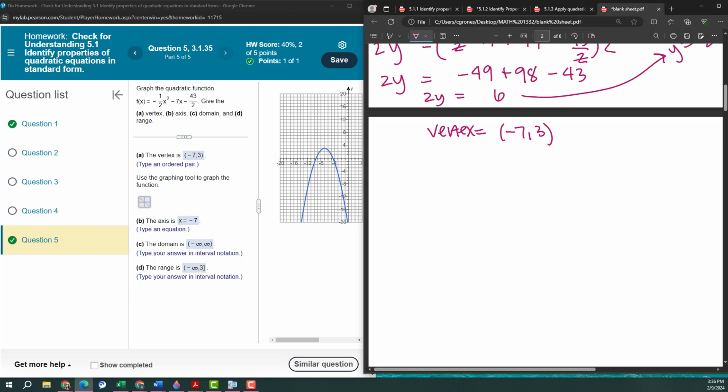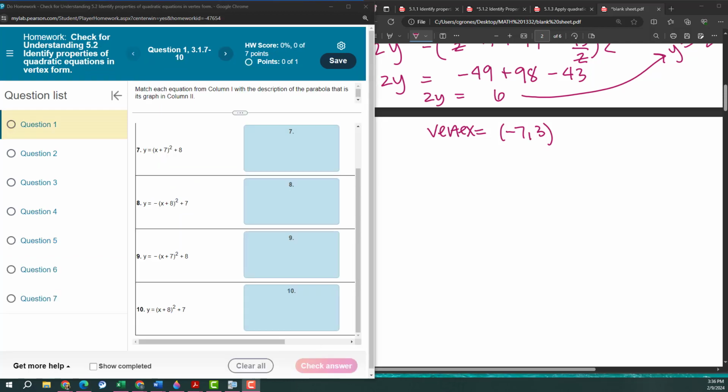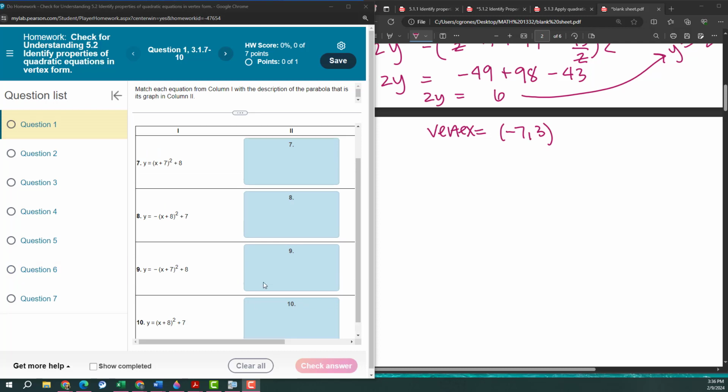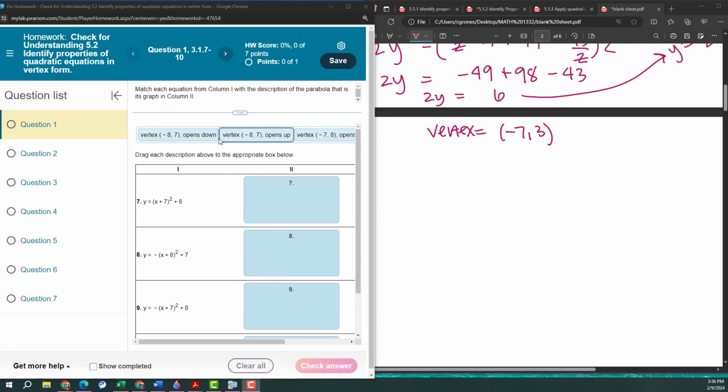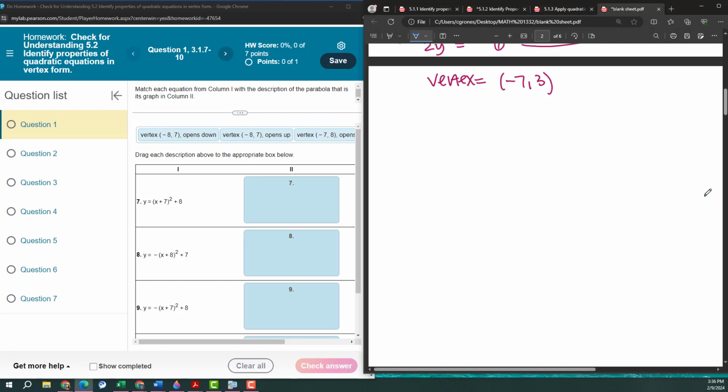Let's look at 5.2. So 5.2, we are looking at some of these graphs, and we are going to match them with what is going on. So I'm going to give you just a summary of the graphing techniques. This is for 5.2.